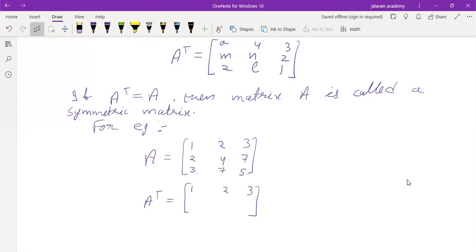Second column 2, 4, 7 becomes second row. Third column 3, 7, 5 becomes third row. Okay. Now check whether it is same as the previous matrix or not. Yes, sir. Means A is a symmetric matrix. Is that clear to you? Yes, sir. So write this example.